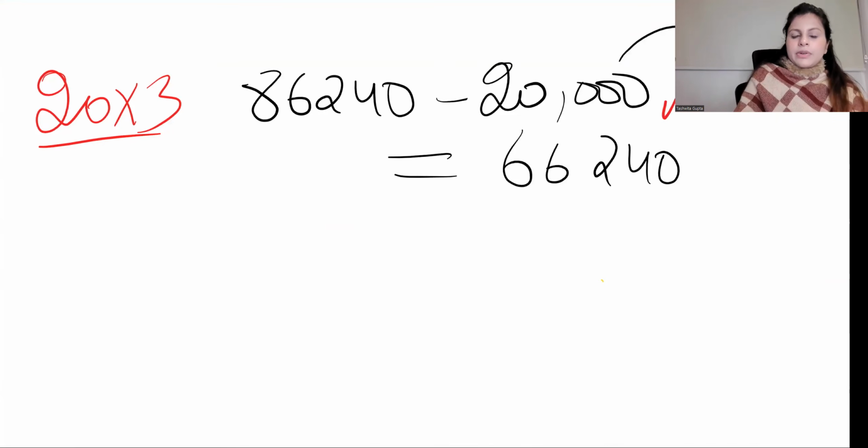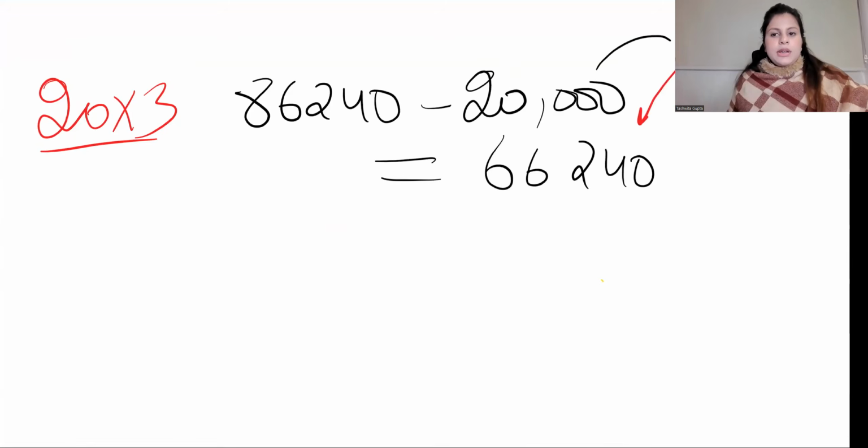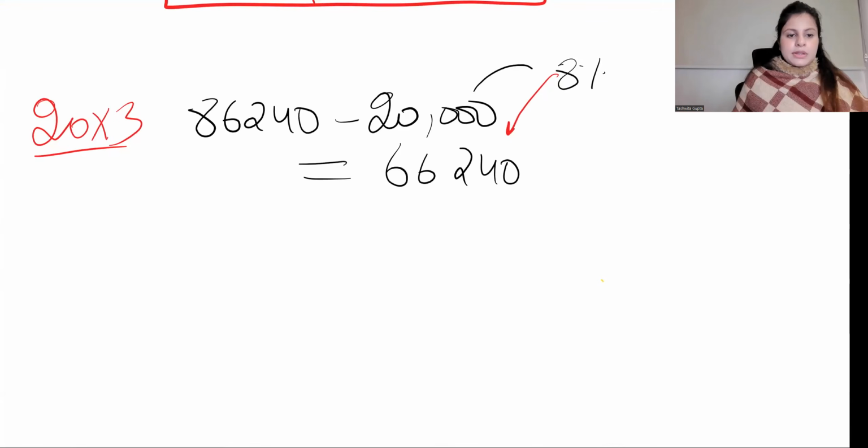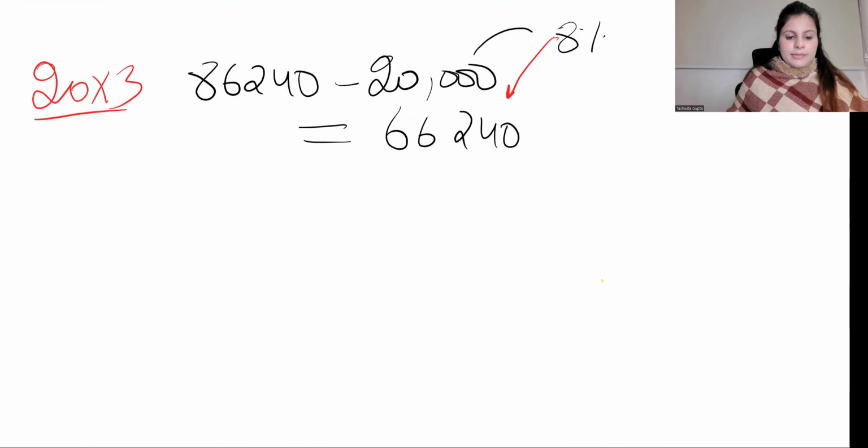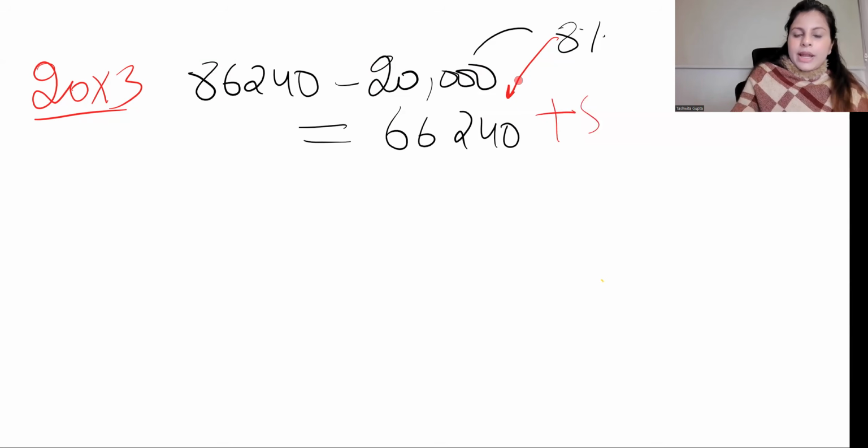What's 8% of 66240? 5299. Very good. So add 5299 to this.